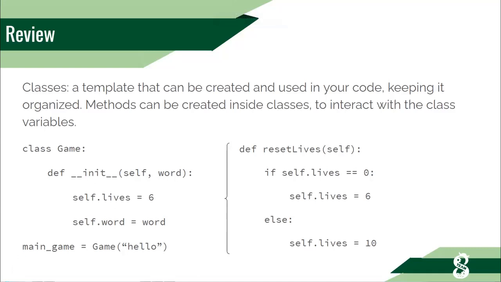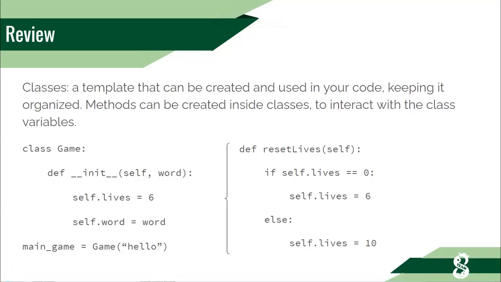In this case, we're creating a game class and we're passing in a word when we want to create it. We're also setting the default value of lives to 6. So this def __init__ is a constructor.